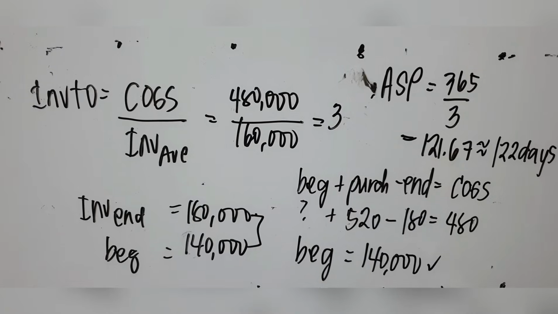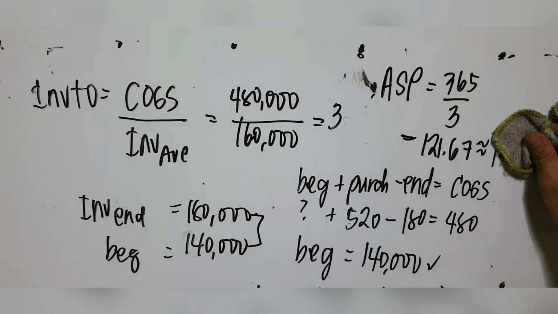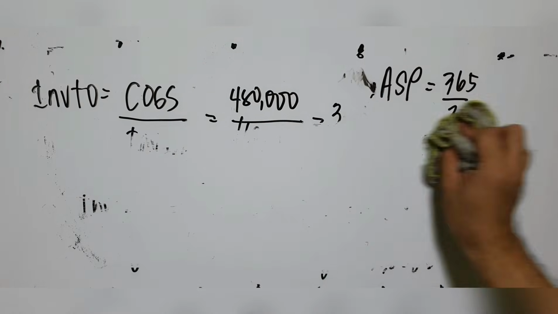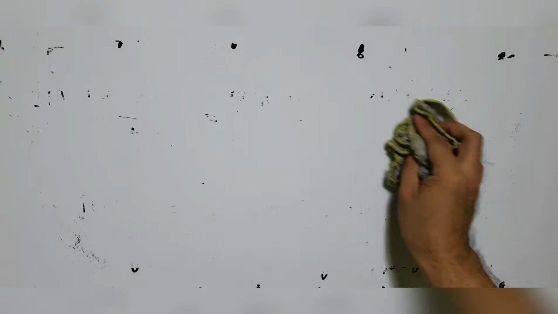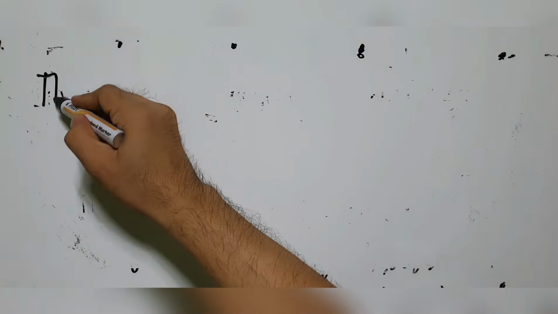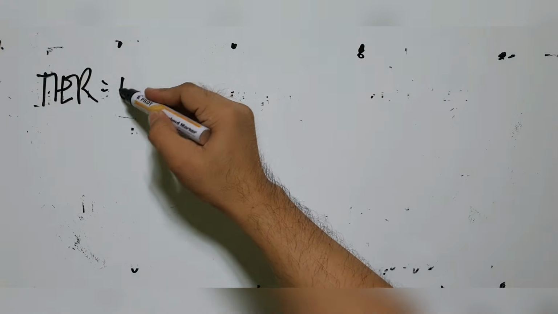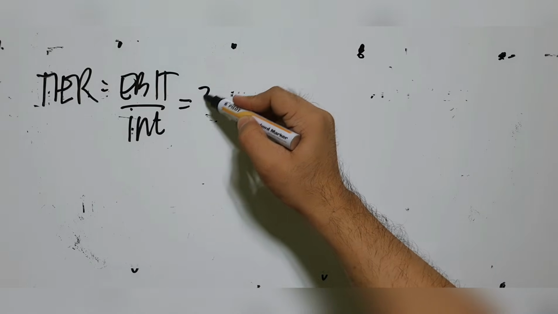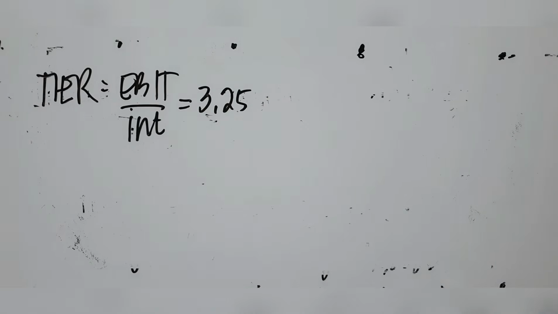Next. The times interest earned ratio of Salas company was 3.25. So next tayo. So number 3. Times interest earned ratio is equal to EBIT over interest, and that is equal to 3.25.